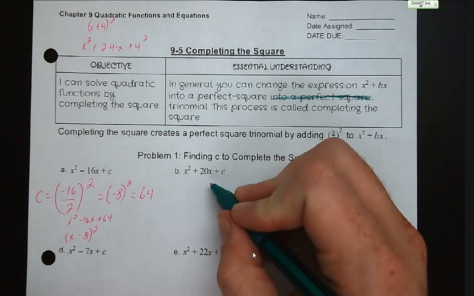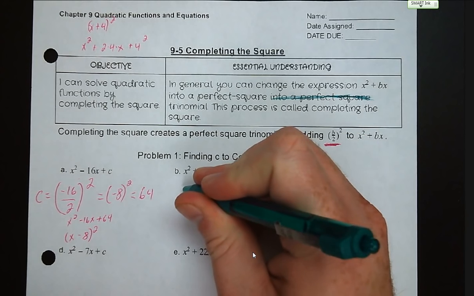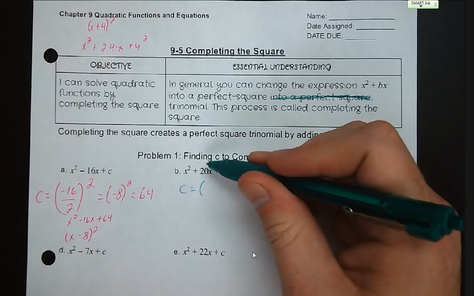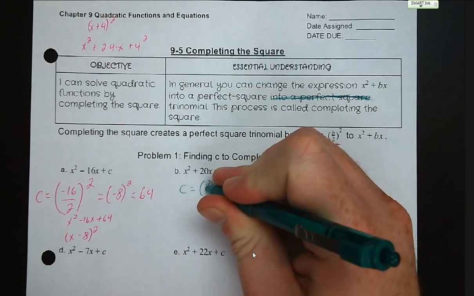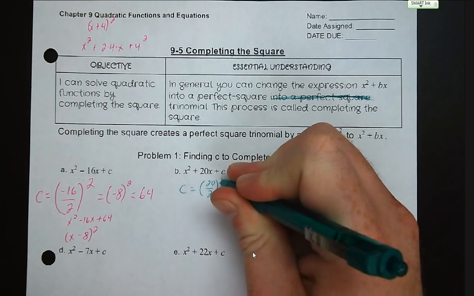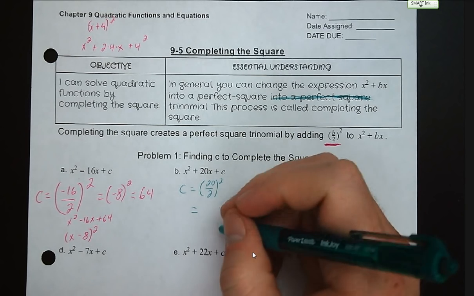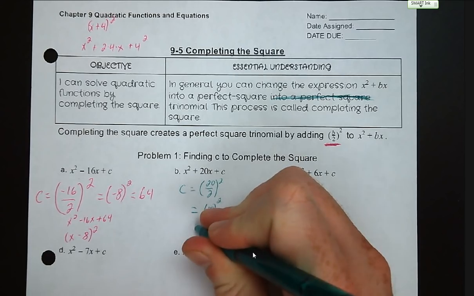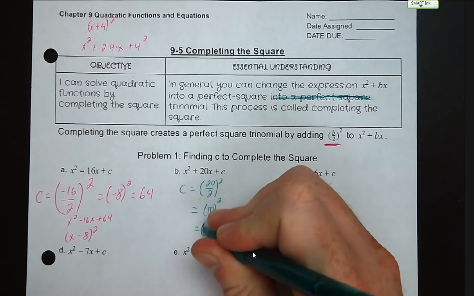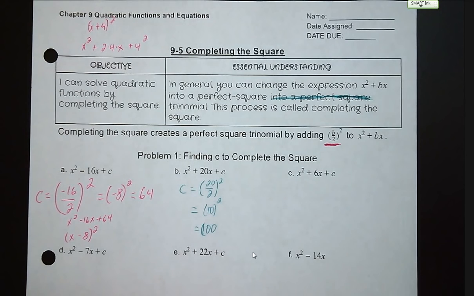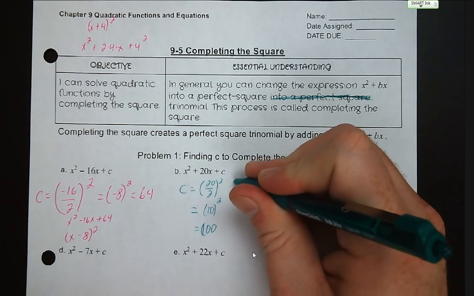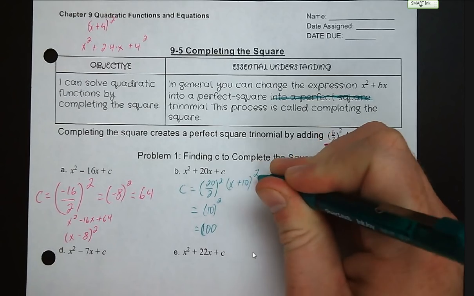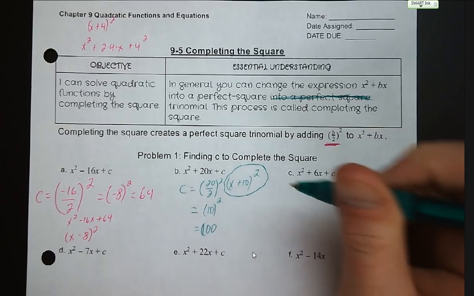So for problem B, c is equal to b, which is 20, over 2, the quantity squared. 20 divided by 2 is 10, so that's 10 squared, which is equal to 100. If we do that, we've got x plus 10, the quantity squared, as our factored form.